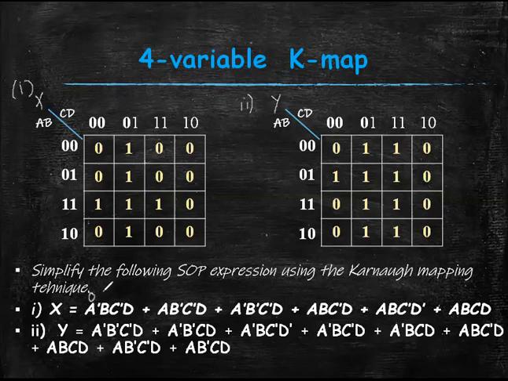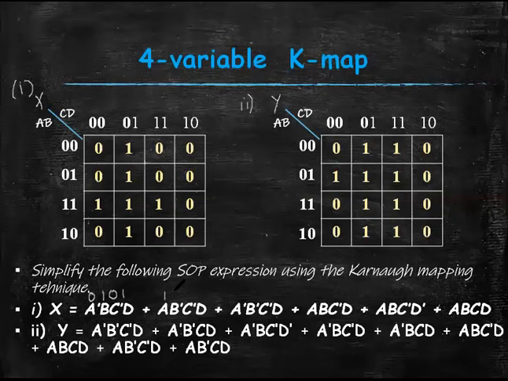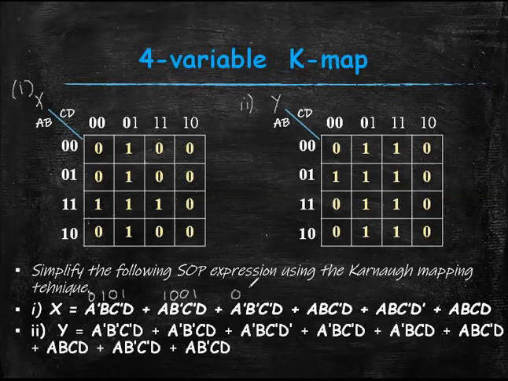Then it is 0101, and here 1001, here 0001, 0111, 1101, 1111. Then these values are represented in the K-map as high.